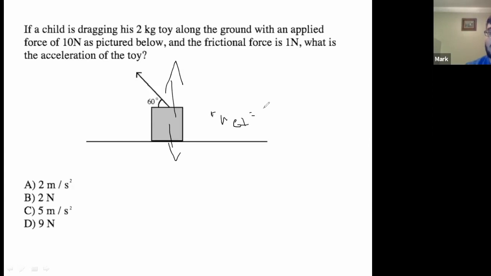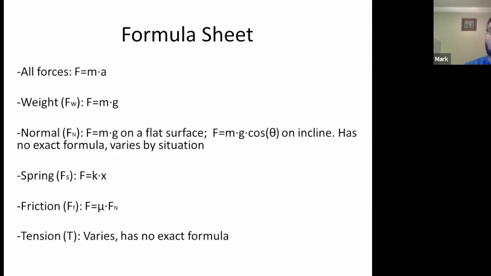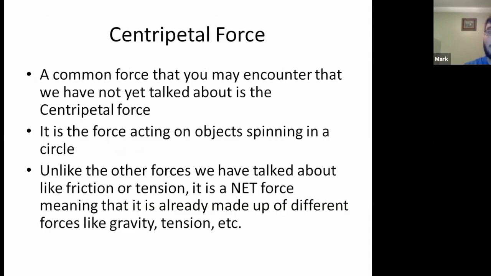But F net wasn't an individual force. It was a combination of different forces. Well, that's what the centripetal force is. It's a combination of different forces that we just gave a special name, when you're moving in a circle.